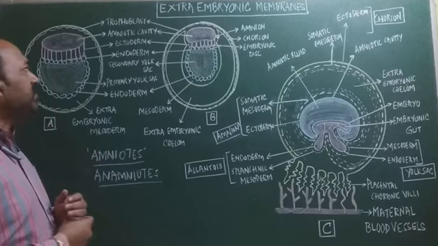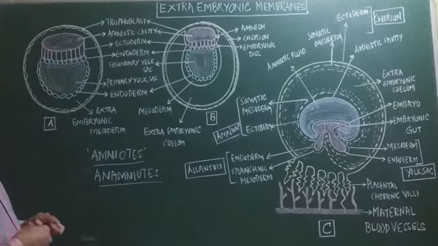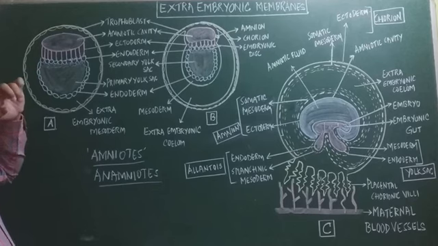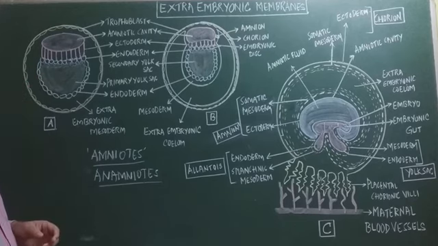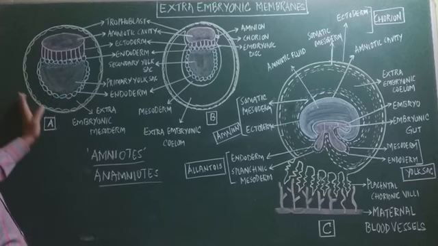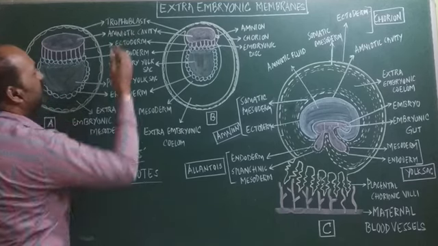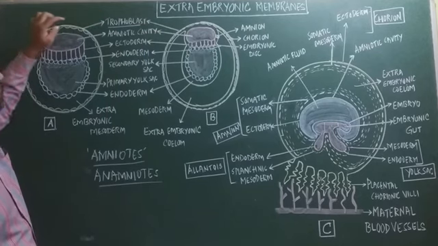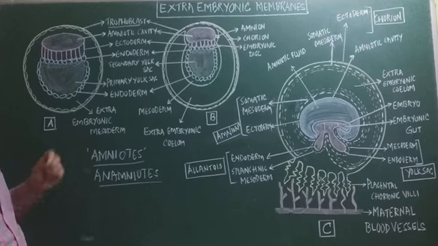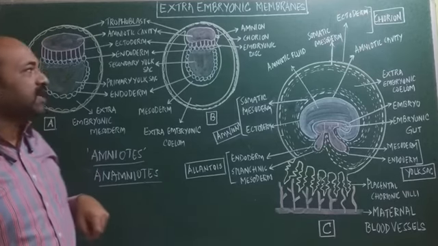If you look at the diagram here, the first diagram depicts the embryo in its initial stages, where you can see the outer layer is the trophoblast, and from this trophoblast there will be formation of cells called amniogenic cells.